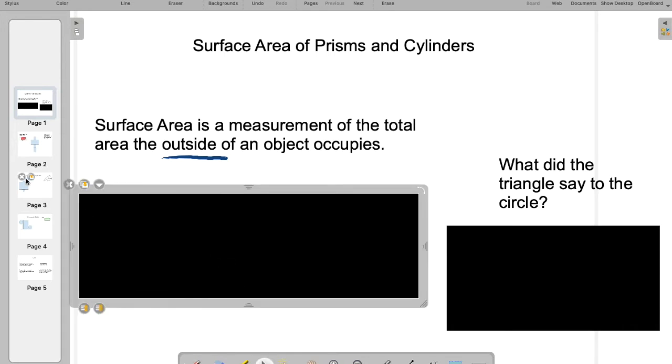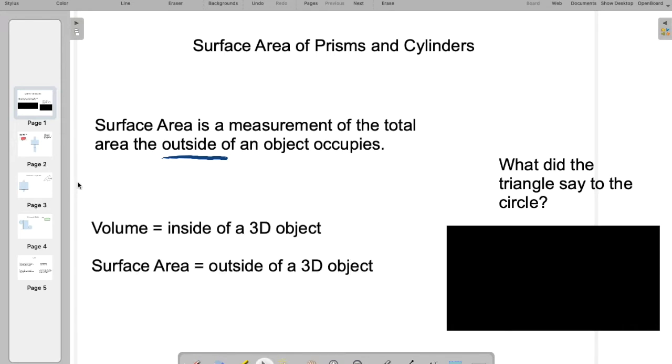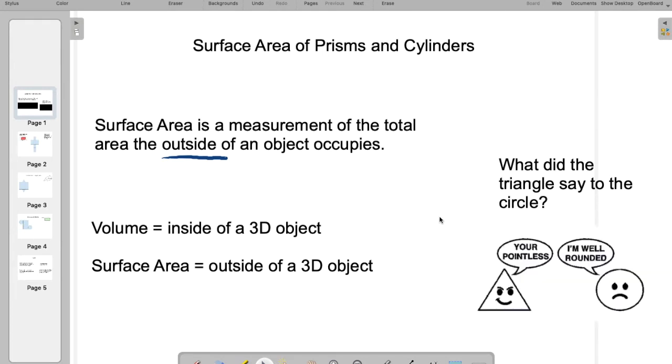Okay, so if we think about what we did with volume in the last video and compare it to surface area in this video, volume is the inside of the three-dimensional object and surface area is the outside of a three-dimensional object. So this entire video is only going to be dealing with the outside of three-dimensional prisms and cylinders. So let's get started.